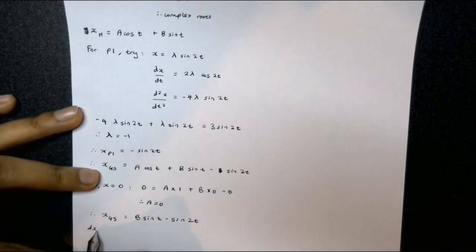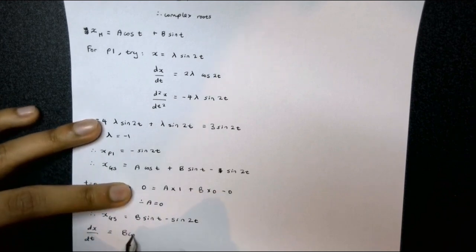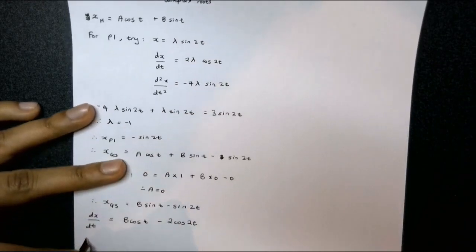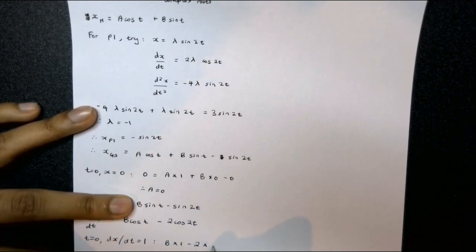And if we find out what dx over dt is, you can see dx over dt, that's equal to b times cos t minus 2 times cos 2t. And if we use the condition t equals 0, dx over dt equals 1, we've got b times 1 minus 2 times 1 equals 1.